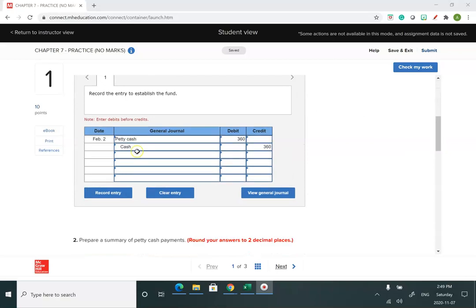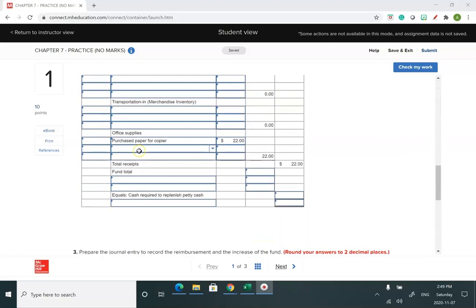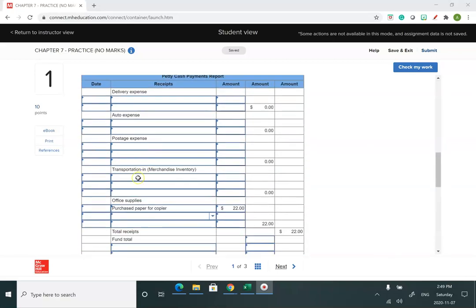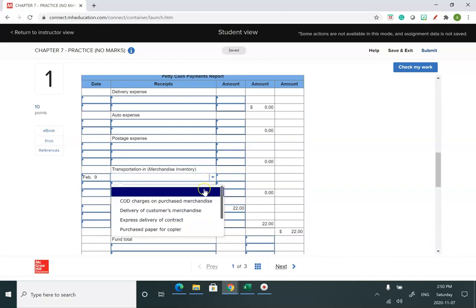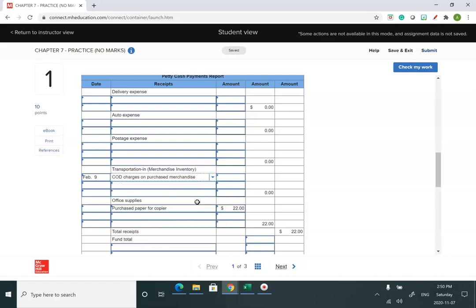So I'll move down, and I see inventory. I'll put February 9th, COD charges on purchase of merchandise, and that's $38. And I should probably put a date for the purchase of photocopy paper, which was the 5th.